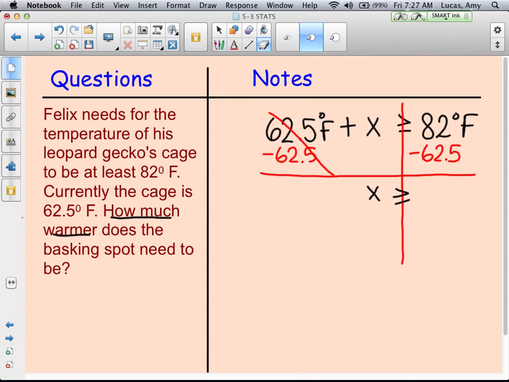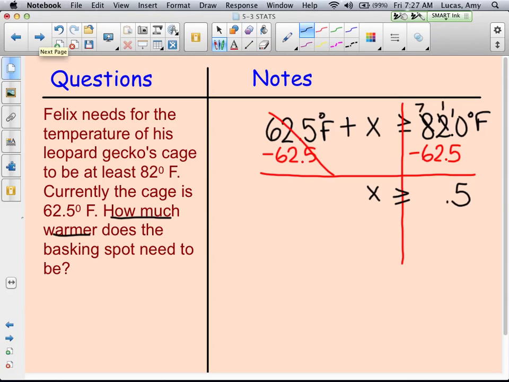And I'm going to make my decimal the same length. Okay, so he needs the temperature to increase by 19.5 degrees or more.